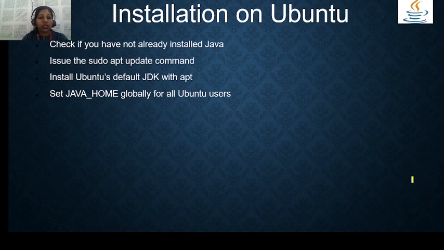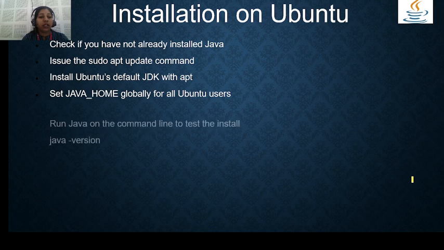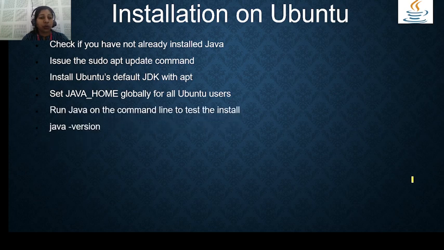Here also the same set of steps. First you have to check whether Java is already installed or not. If it is not, then issue the sudo apt update command, and check whether it is installed or not. If it is not installed, then install the Ubuntu default JDK with apt and set the Java home globally for all the Ubuntu users.